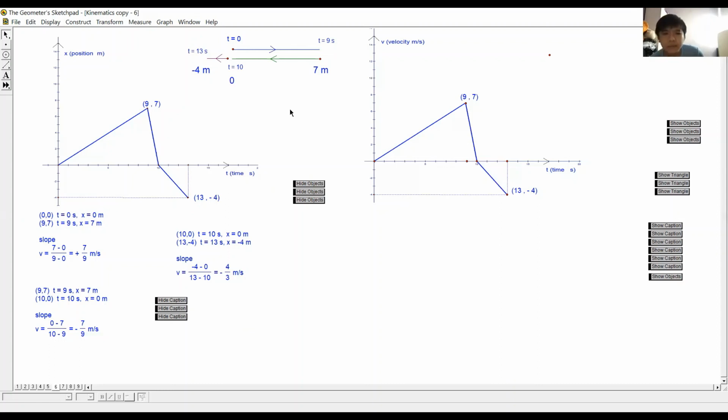So all the numbers that exist on this y-axis here are really position. They are not the distance traveled. Where is it now? It is not how far it has traveled. So the 7 here doesn't represent that it has traveled 7 meters. It shows that the position is at the 7 meter.